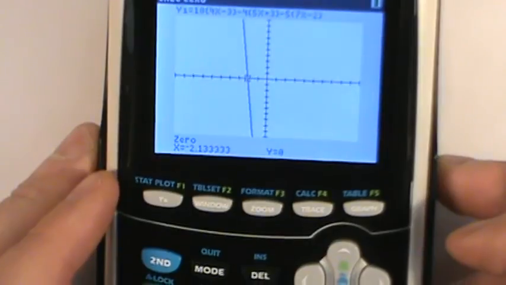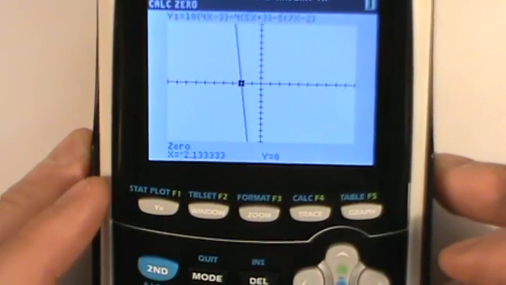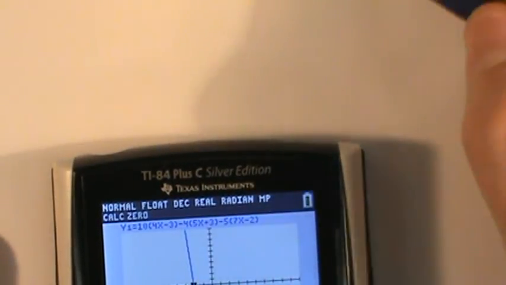If you can see that on the calculator, it says negative 2.13 repeating, and y value is 0. So the solution for this would actually be k equaling negative 2.1333, and so on and so forth. And so you just make sure that you take it out as far as I ask you on the homework papers, or in this case, the take-home test.